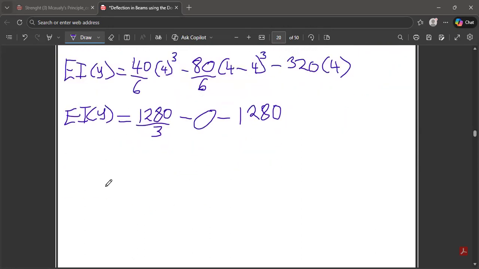1280. So when we further simplify this, 1280 over 3 minus, or let's say minus 0 minus what? 1280. What are we going to get? What are we going to be left with?